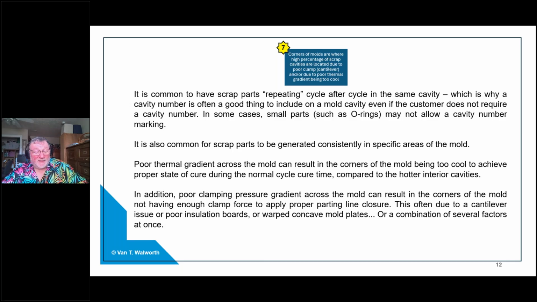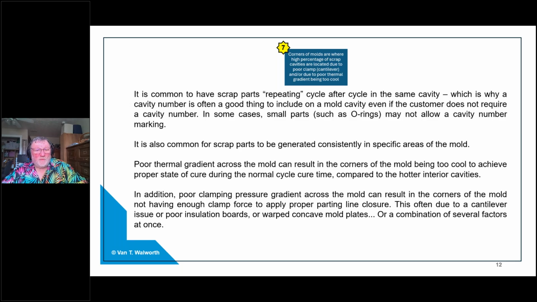It could be caused by insulator boards. It could be caused by cantilever. There's also a problem in the corners of the mold where if you have a poor distribution of thermal gradient across the mold, the corners are farthest from anything else and they're going to be more likely to lose heat. It'll be harder to keep them hot unless there are other methods, different types of heaters put in the mold that would actually increase the heat in the corners versus in the middle of the mold area.